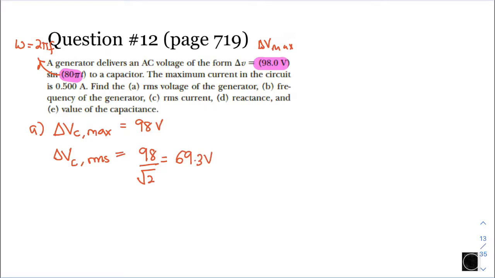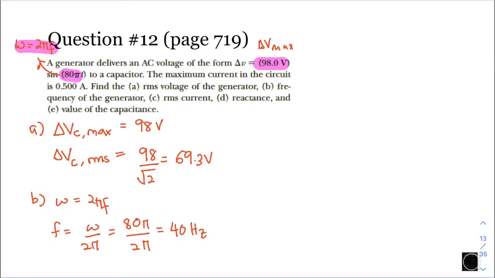Next, part B, frequency of the generator. We have omega equals 2 pi f, so f is equal to omega divided by 2 pi. Our omega is 80 pi divided by 2 pi, which gives the answer of 40 hertz.